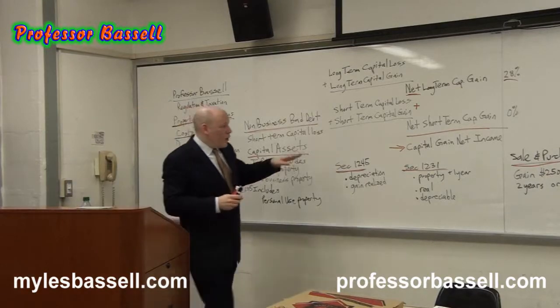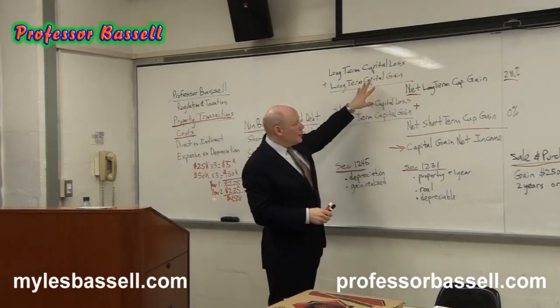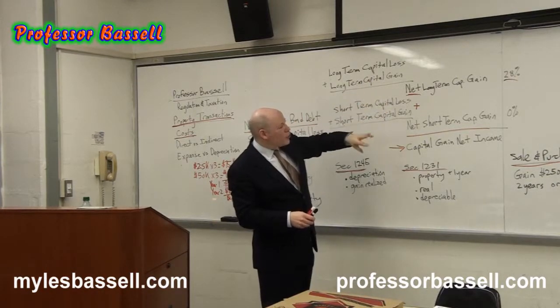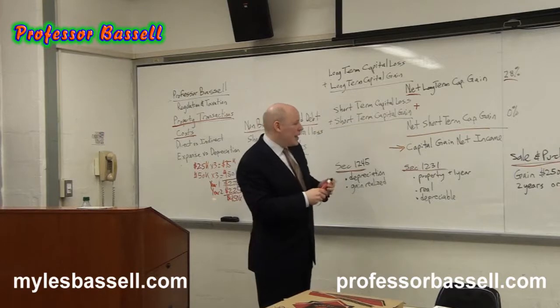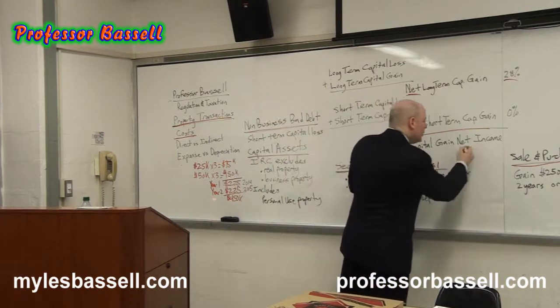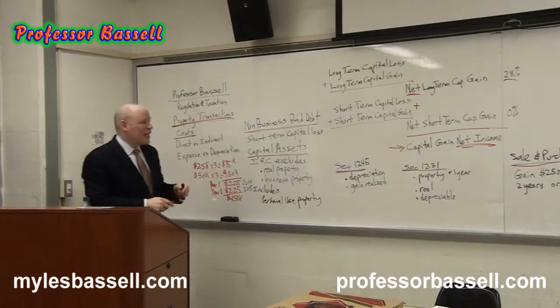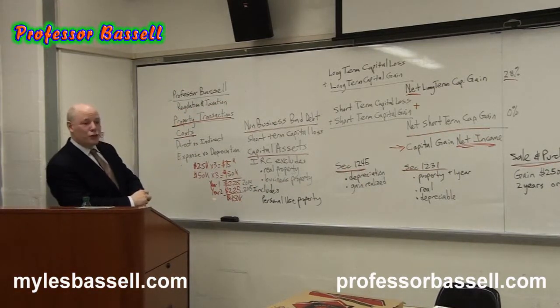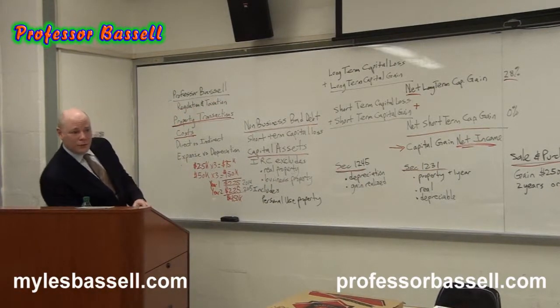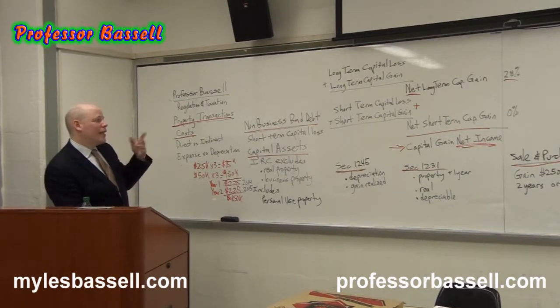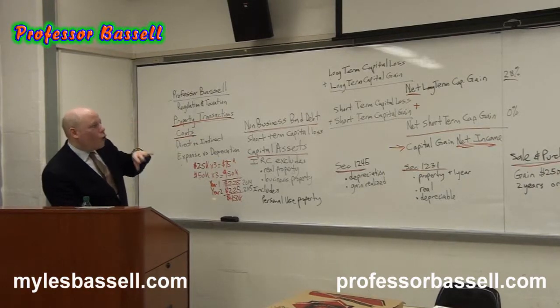After we determine the net long-term capital gain and the net short-term capital gain, we're going to get this. Ultimately, that's how much we made. So whether short-term or long-term, the capital gain net income is already taking that into account.